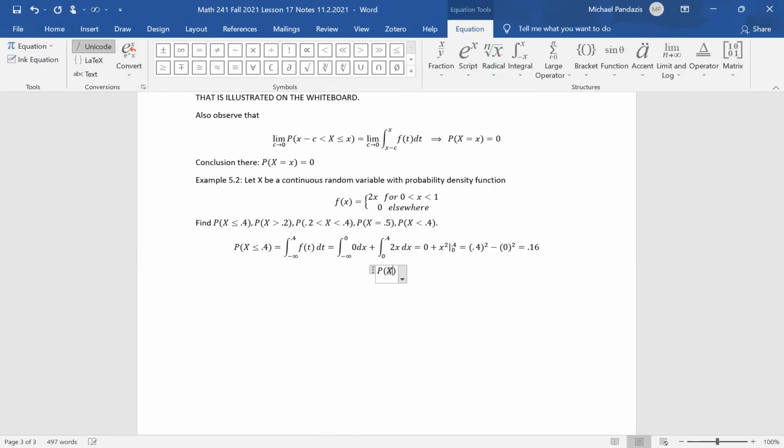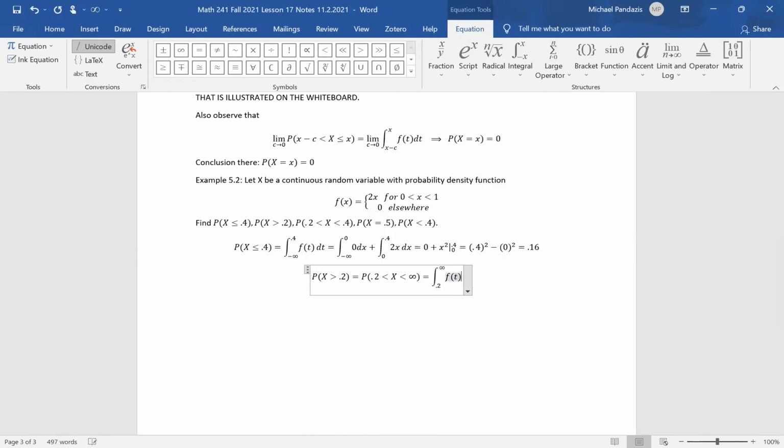The probability that x is greater than 0.2 is equal to the probability that 0.2 is less than x, less than infinity. Okay, and so that's equal to the integral from 0.2 to infinity of that PDF, right?